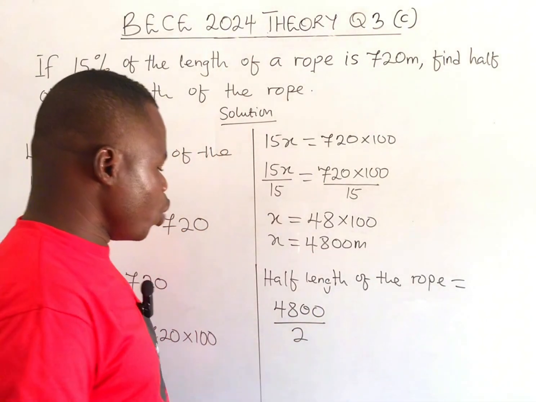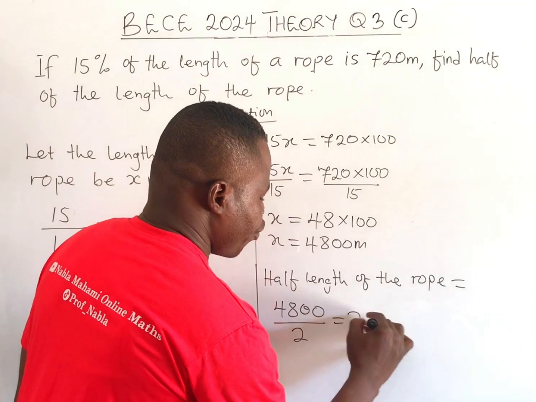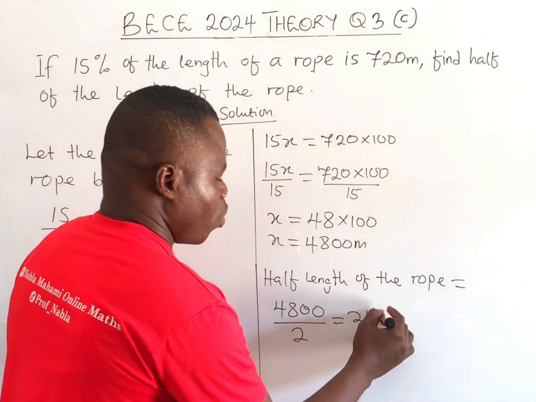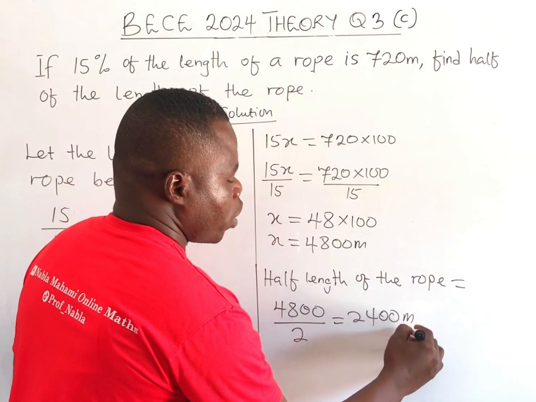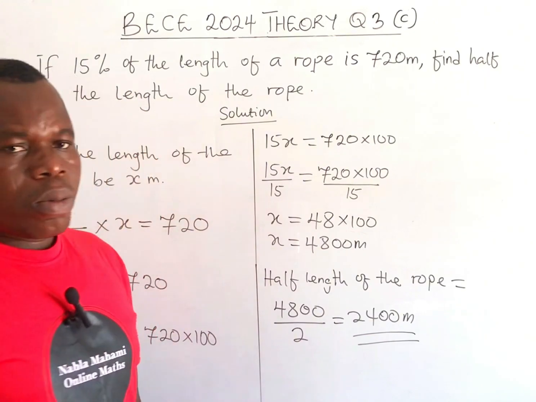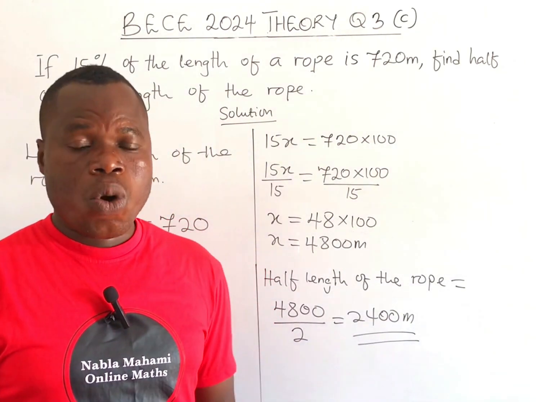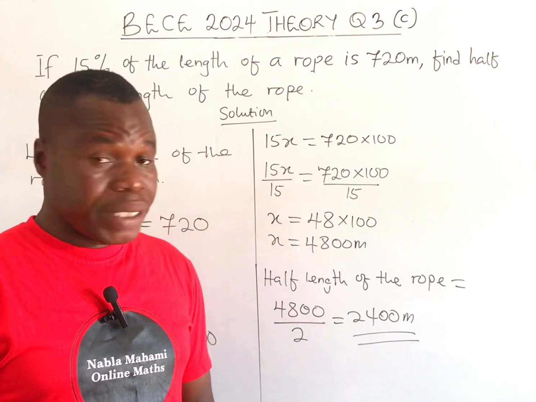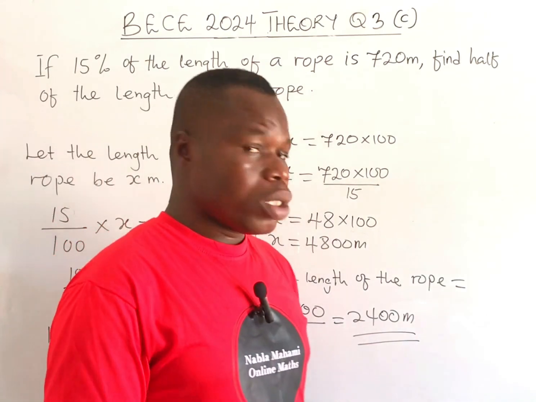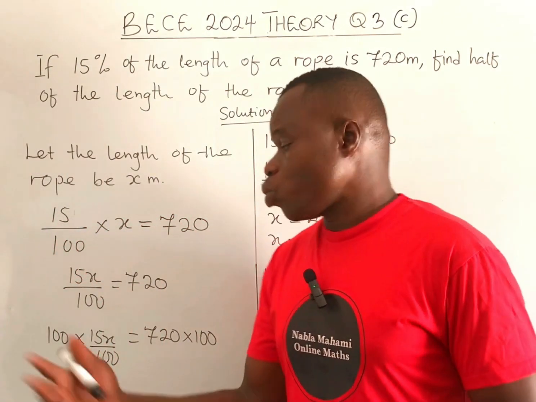And you know that 2 will go into 48, that will be 24 times. Then we'll attach the zeros. So half of the length of the rope is 2,400 meters. So this is how the students were expected to put their solution.